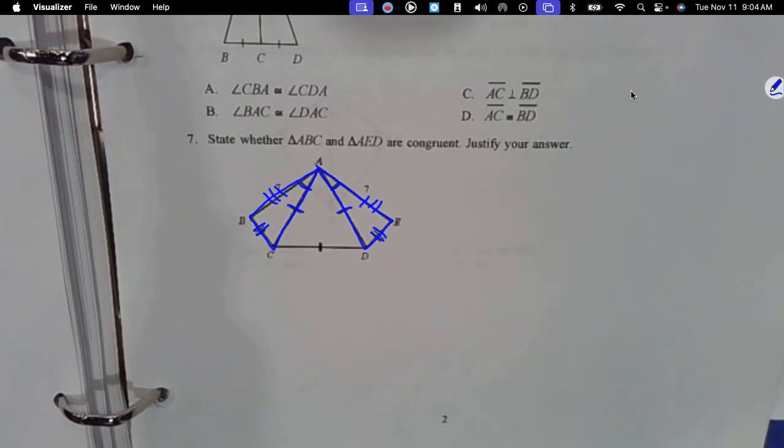So how do I know that they're congruent? Side, side, side. Yeah, so you would put yes, side, side, side. And marking it like that, that's also showing your work. So both of those things, don't put just yes, that's half credit.